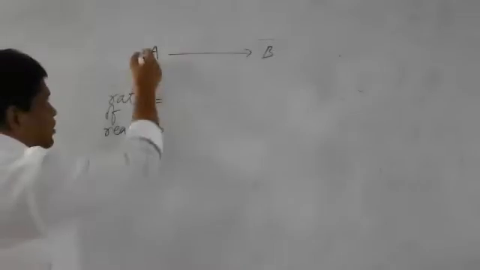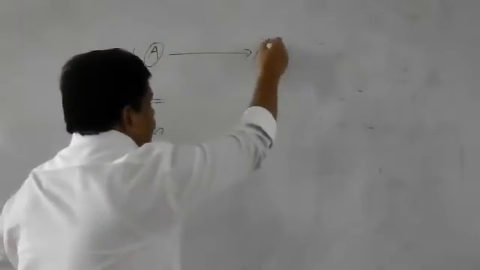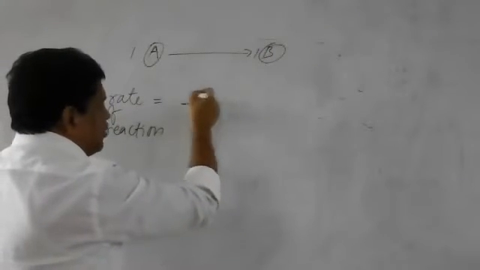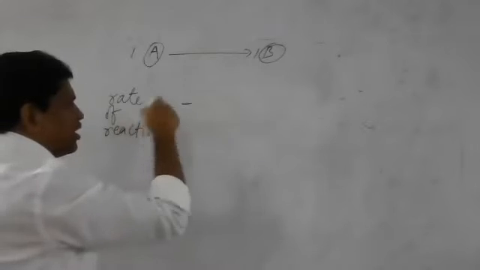Now suppose we take 1 mole of A and 1 mole of B. For the rate of reaction, generally we take the instantaneous rate.